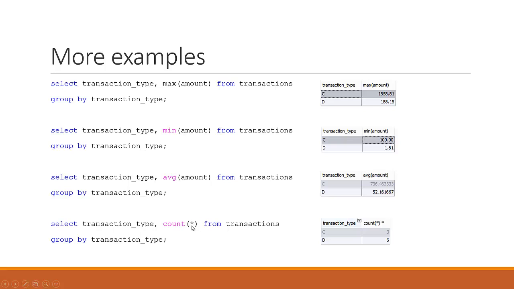But just to be explicit, I put count star, which means count everything, count all the rows. And this is what we get. This confirms what I've been saying this whole time: there are 3 credit transactions and 6 debit transactions. So that's what the count does. It just counts up the individual rows inside the data that's been grouped, which in this case is 3 and 6.